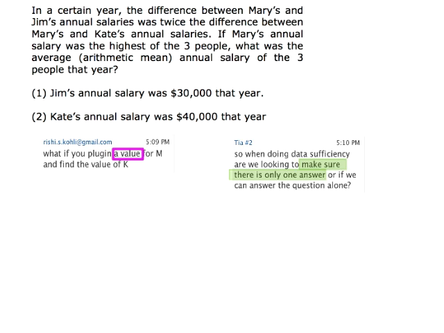Sufficient means that only one answer is possible, and not sufficient means two or more answers are possible. As far as which one of these is the goal, that depends on how you're approaching the problem.